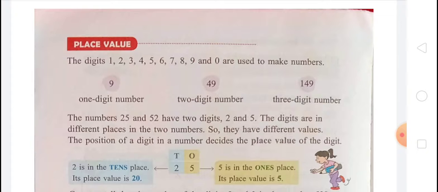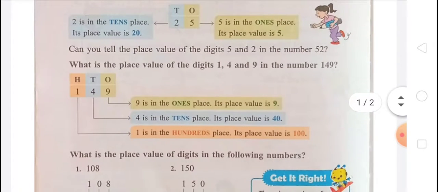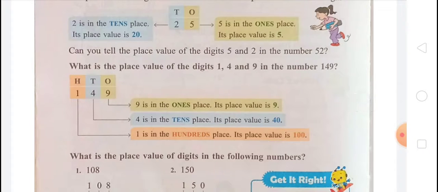What is the place value of the digits 1, 4 and 9 in the number 149? You can see here that in 149, 9 is in the 1's place, 4 is in the 10's place and 1 is in the 100's place.